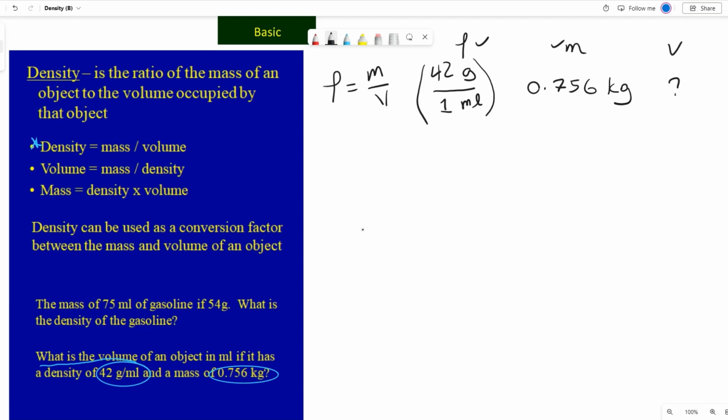Before we can go any further and use the density to solve for volume, we have to get both of our mass terms either in grams or in kilograms. I'm going to choose the kilograms and convert it into grams, but you could do it the other way if you wanted to and you'd get the same answer. So let's take our 0.756 kilograms and convert them into grams.